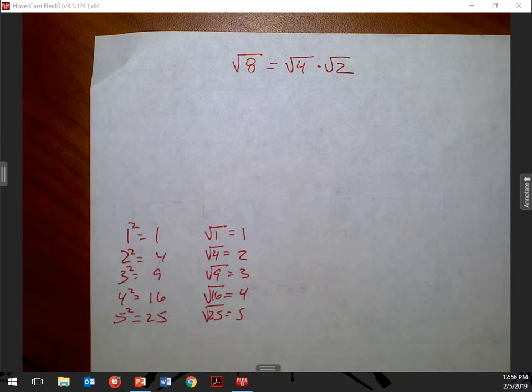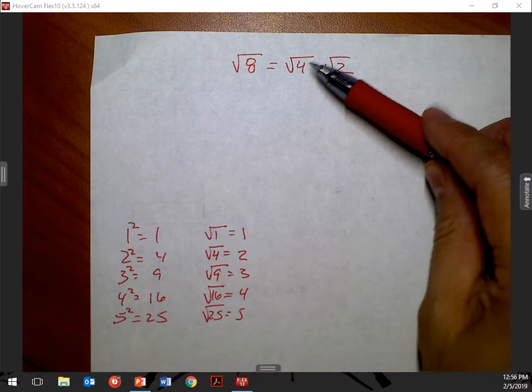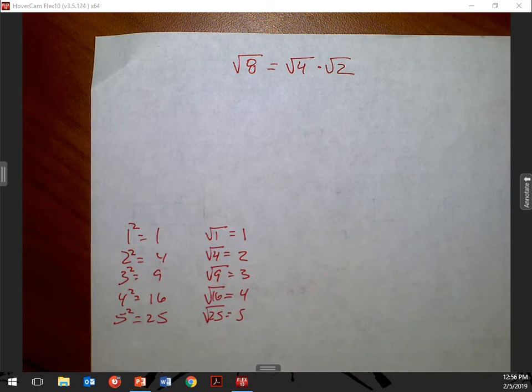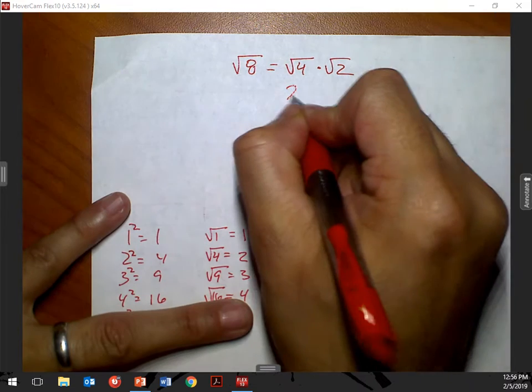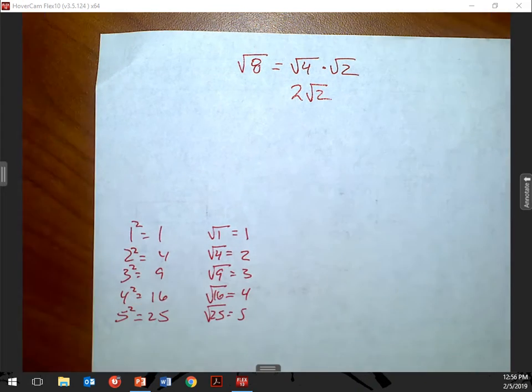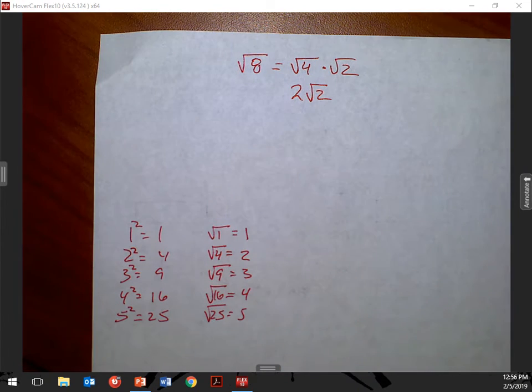Do you agree there? Isn't 2 times 4 8? Yes. Good. Now, what is the square root of 4? 2. So this gives me 2 times the square root of 2, and that's the simplified radical form. Did that make sense?